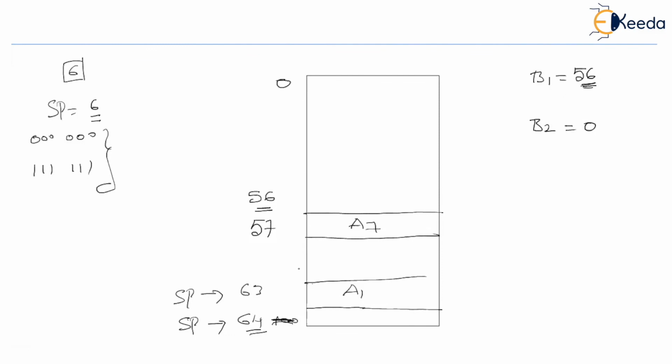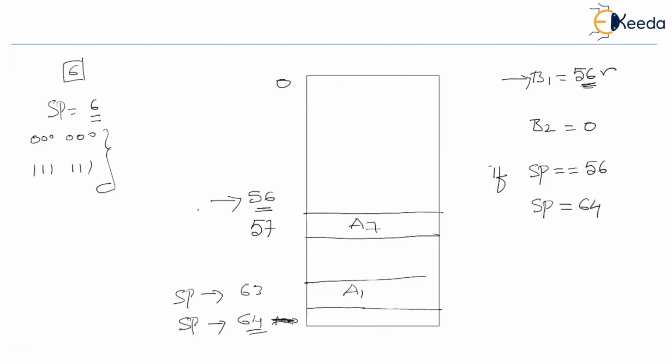Every time when you perform a push operation, you need to check with this boundary. If the stack pointer is equal to 56, meaning stack pointer during the decrement operation went crossing the boundary. Now you need to set the stack pointer back to the desired one. SP is equal to 64.